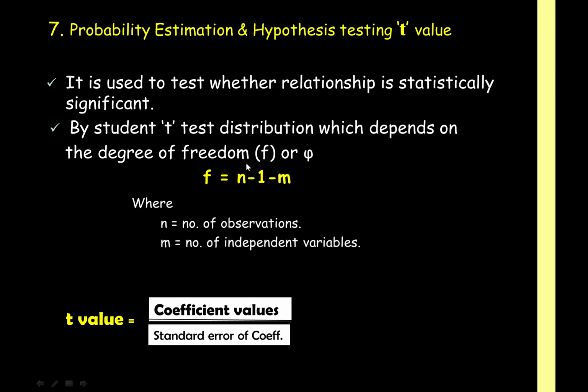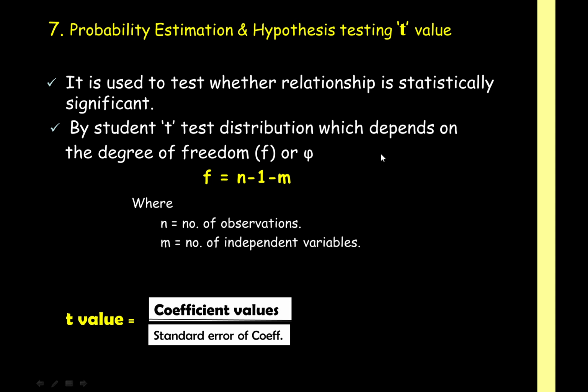So suppose I am working with 15 compounds, and I have 3 parameters, steric, electronic, and lipophilic, so 15 minus 1, 14, 14 minus 3 comes to be 11. So my degree of freedom will be 11.